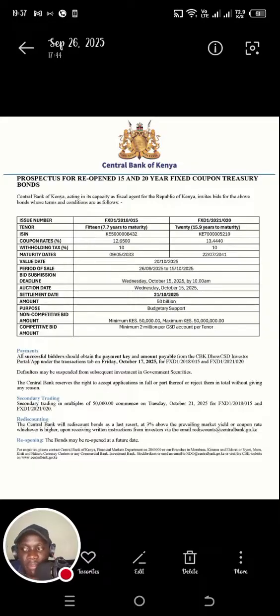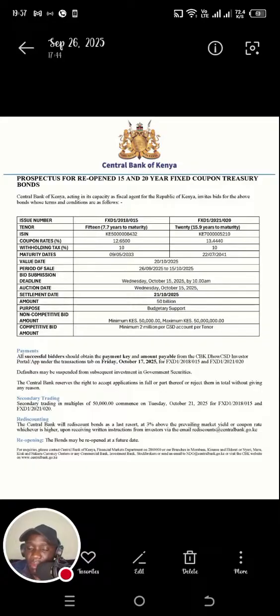So it is very important to understand every detail on this prospectus before you invest in the bonds involved. So we are going to go through this prospectus, explaining each and every component, each and every term in this prospectus, so that you fully understand what you'll be signing up for in case you end up investing in this particular bond.